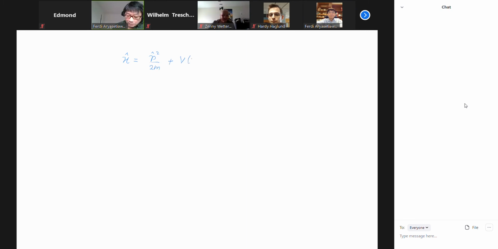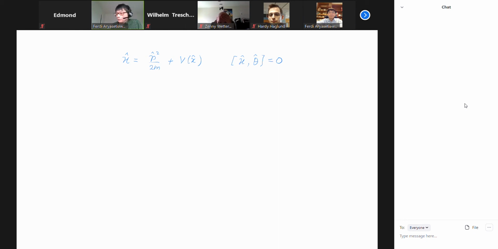No magnetic field, just a simple Hamiltonian: kinetic energy plus some potential. This Hamiltonian is invariant under time reversal because p squared is quadratic. So if it's invariant, it means that the operator commutes. Yes, theta commutes with H.